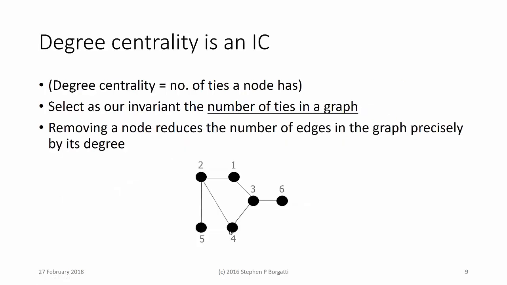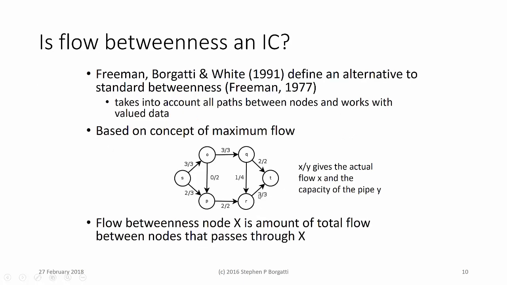So we could use, for example, degree centrality. Degree centrality happens to be an induced centrality. If we start out as our invariant, the number of ties in the graph, and we remove, so we can calculate them. This one has what, 1, 2, 3, 4, 5, 6, 7 ties, and we remove a node.